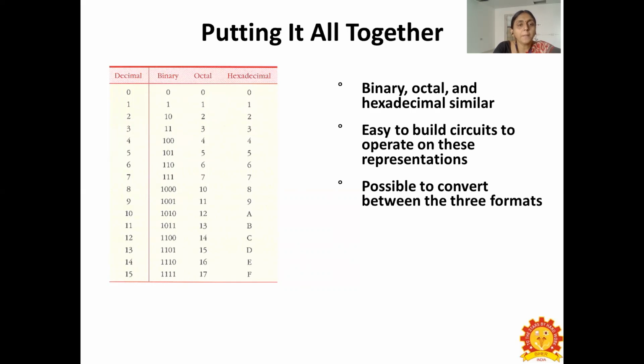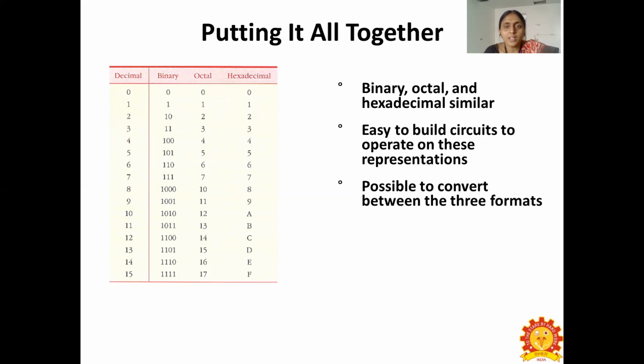The corresponding binary values for 0 to 15 are given in the second column. And in octal, the digits 8 and 9 are not allowed. So 0 to 7, and then the corresponding octal converted values have been given in the third column. And finally hexadecimal, where we have 16 digits starting from 0, 1, 2, 3 etc. up to 9 followed by capital letters A, B, C, D, E and F.